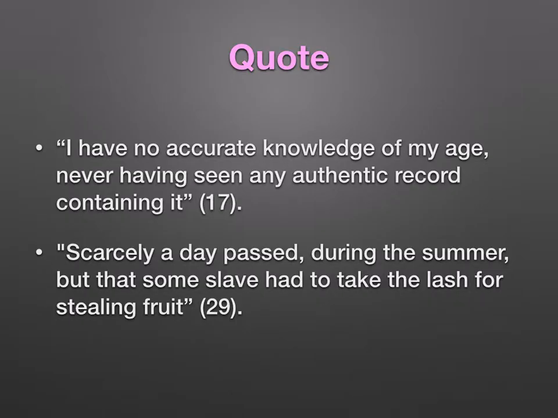The narrator states in Frederick Douglass, "I have no accurate knowledge of my age, never having seen any authentic record containing it." And he also states, "Scarcely a day passed during the summer, but that some slave had to take the lash for stealing fruit." So this just shows that they weren't told any information about themselves, and they were punished for anything they ever did.